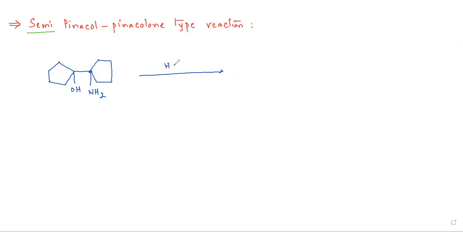See, this is now treated with nitrous acid. How? By reacting with sodium nitrite and say HCl, isn't it? Now these two react to form nitrous acid in situ, and the process of course is diazotization, right?